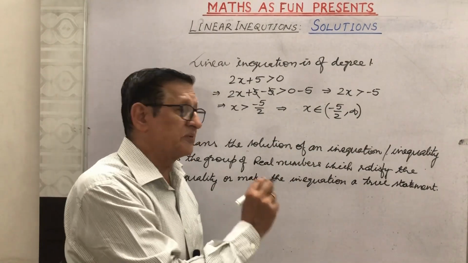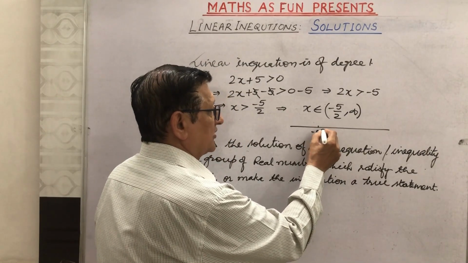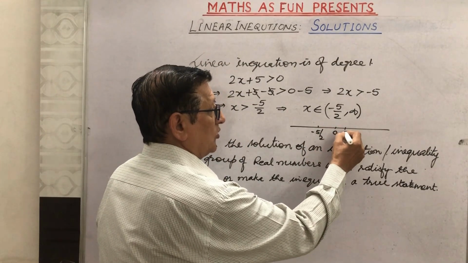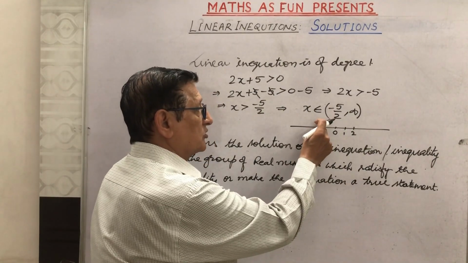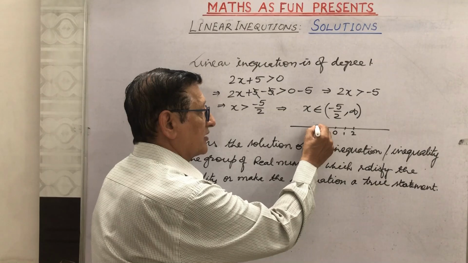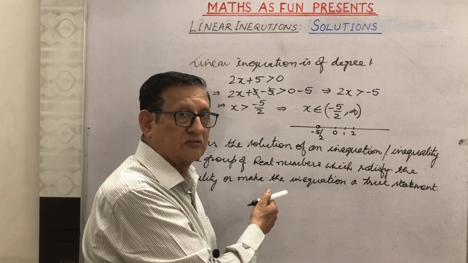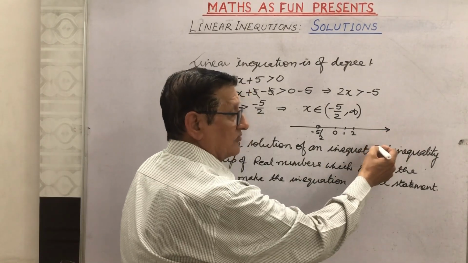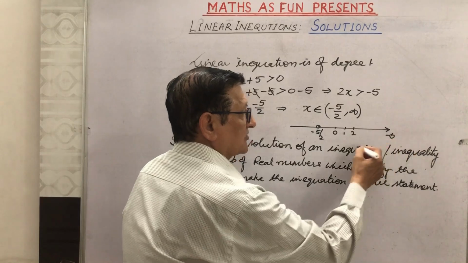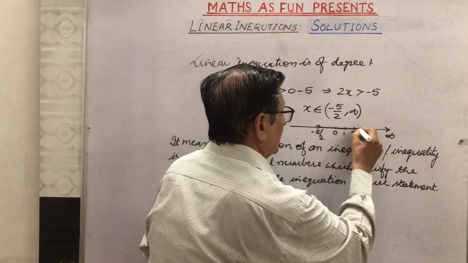In case we want to represent the solution on the number line, we will mark minus 5 by 2 here. This is 0, 1, 2 and so on. Minus 5 by 2 is not the solution, so we mark it with an open bubble, as we learnt about open intervals. And then it goes up to infinity. We will mark it here with the arrow plus infinity, and then we can darken the part of the line.